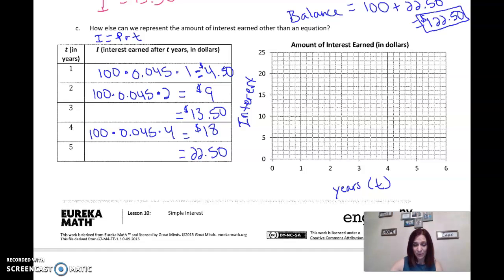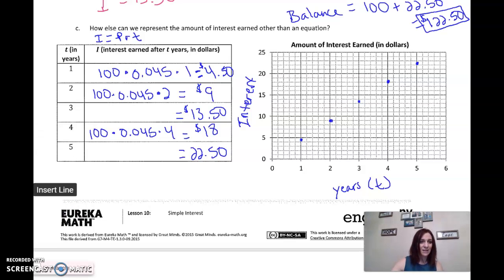So if I look here, it looks like I wrote my dollars. 1, 2, 3, $4, $4.50 would be just in between. After 2 years, $9. 1 by 1's here. 3 years is $13.50. So there's 10, 11, 12, $13.50. After 4 years is 18. And after 5 years, it's $22.50.